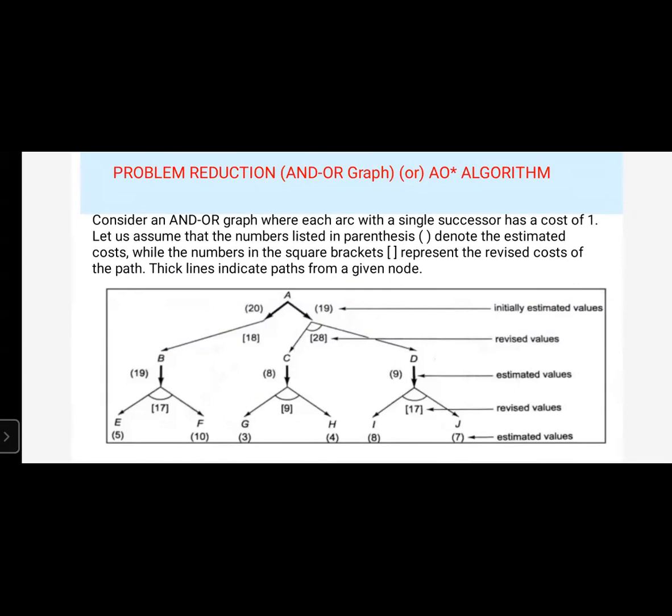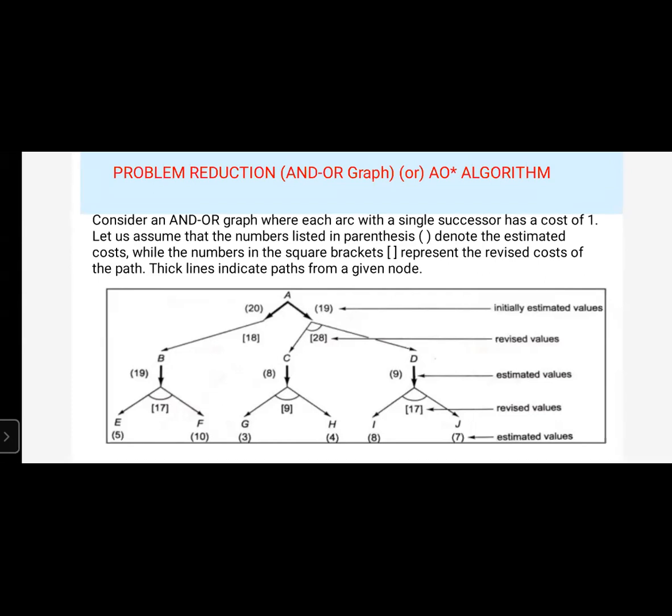Now let us assume that the numbers listed in parentheses denote the estimated cost, and the numbers that are written in square brackets represent the revised cost of the path. Okay, and the thick lines indicate paths from a given node. So these are the 3 things.